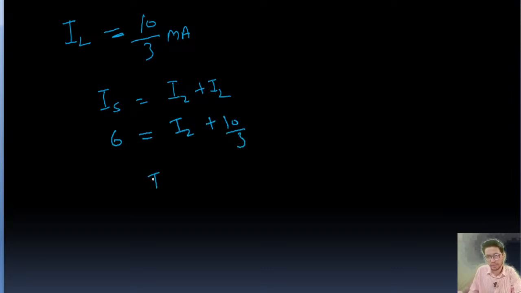So from here Iz is going to be 6 minus 10 by 3, so this value is going to be 8 by 3 milliampere.